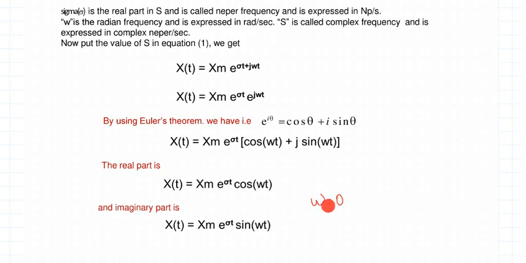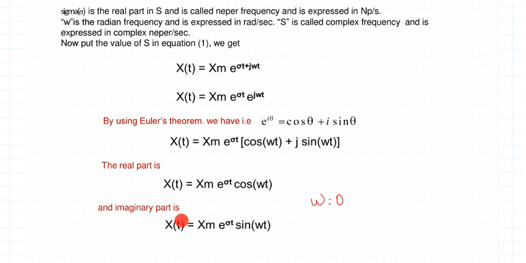Okay. Now look at the imaginary part. What happens to the imaginary part? When we put omega equal to 0 here, sine of 0 is 0, so this term entirely becomes 0. Because the moment we put omega as 0, sine of 0 becomes 0, and as this term is 0, the entire imaginary part becomes 0.